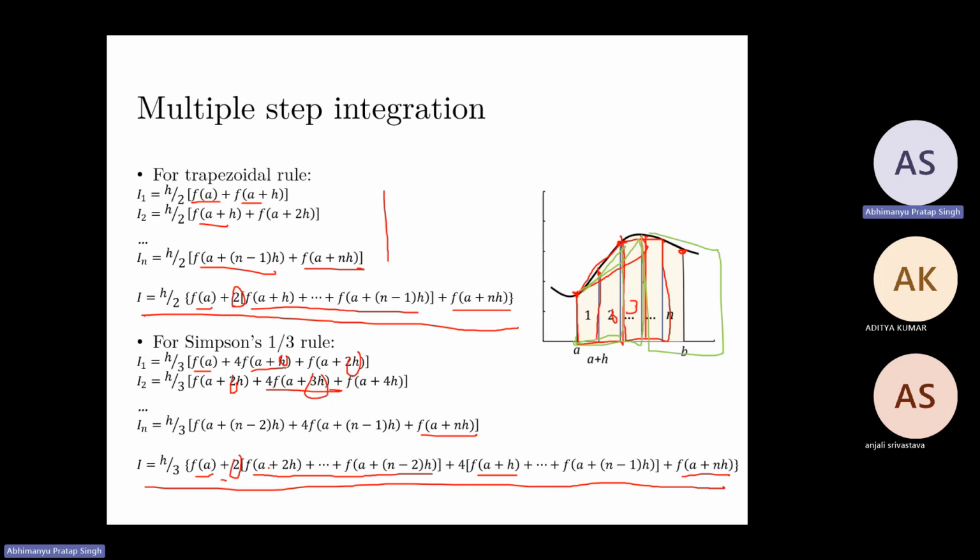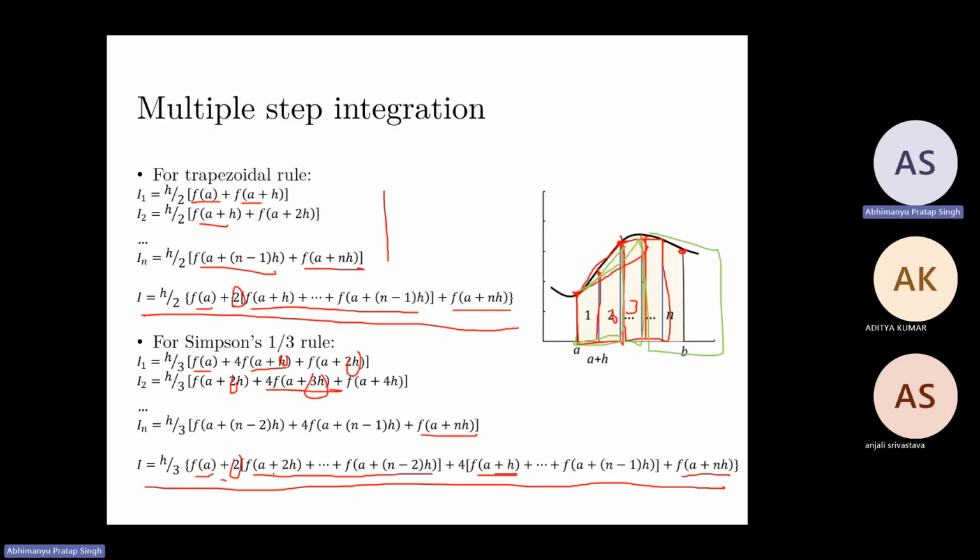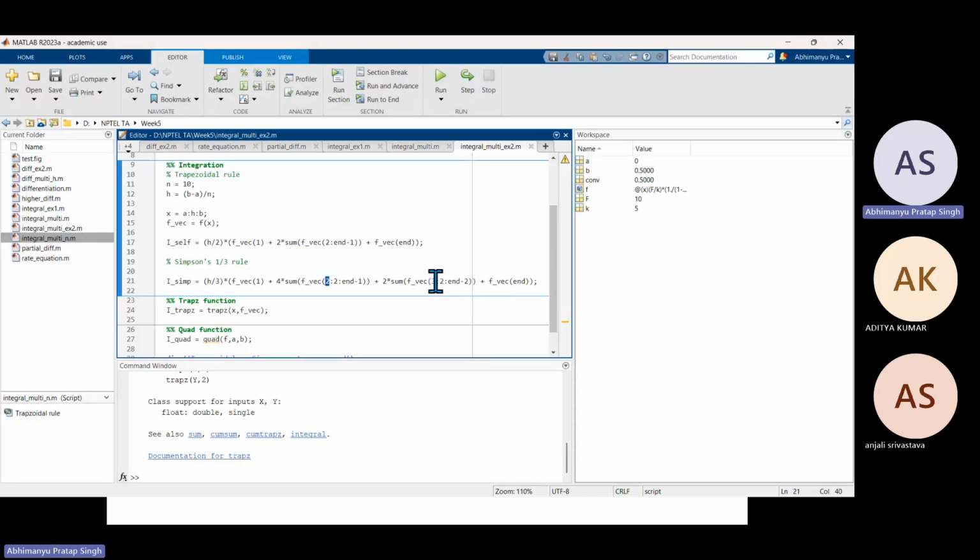the odd increments of h, I am here taking as starting from 2 in increments of 2 and going till n minus 1. Whereas the even increments of h, like 2h to n minus 2h, these start from 3, an odd number, and go till n minus 2. Okay. Any doubt in this?